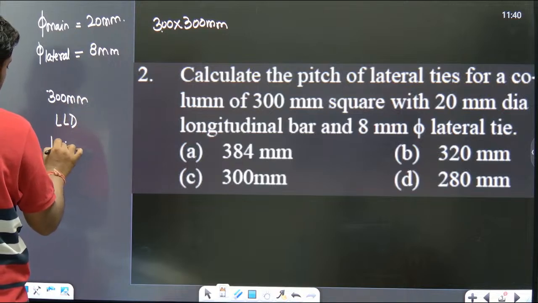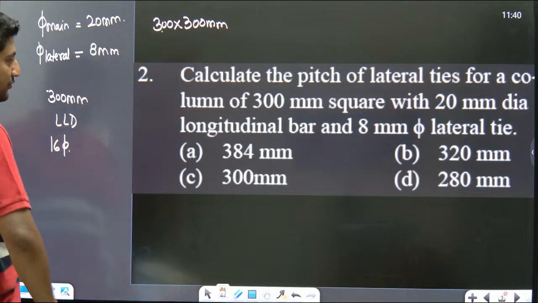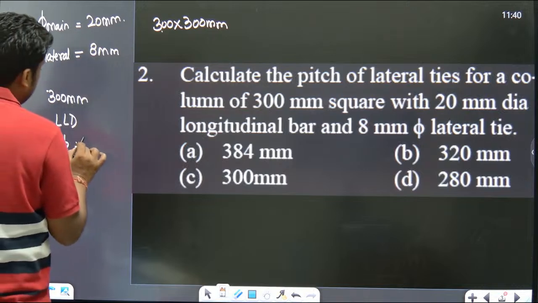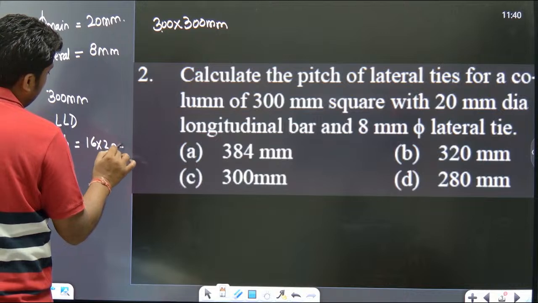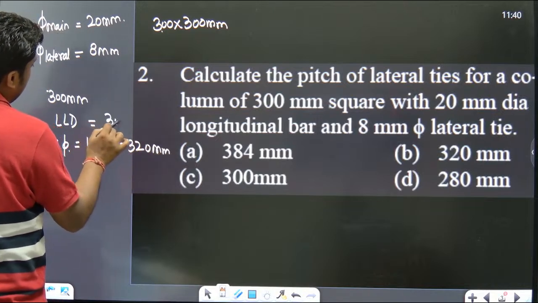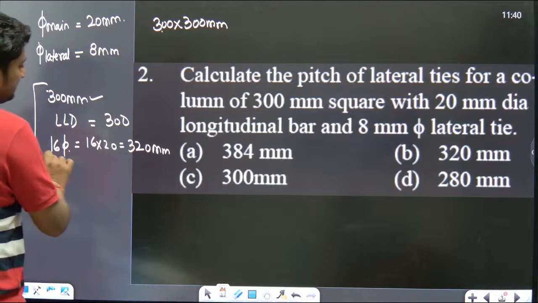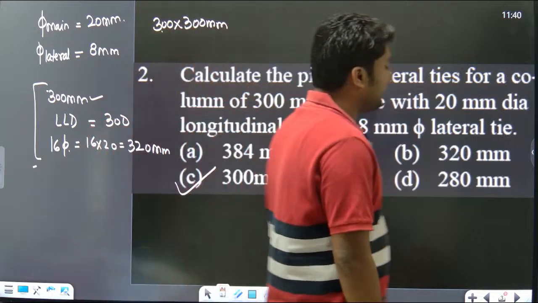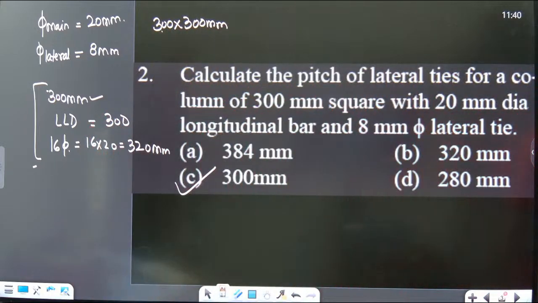And 16 times the diameter of the longitudinal bar, the minimum diameter. So 16 into 20 is nothing but 320 mm, and the least lateral dimension is 300 mm. So the minimum of these will be the answer. Hence 300 mm will be the correct answer. The minimum of the 3 values is to be taken. Understood, everyone? Now moving ahead with the next question.